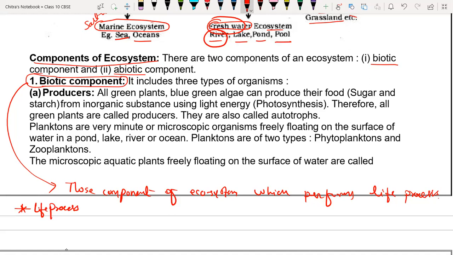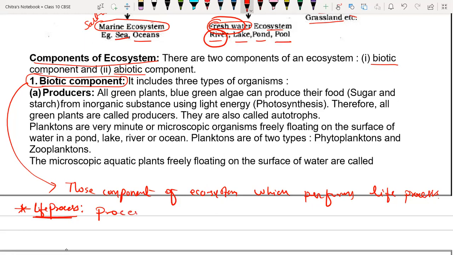So I'm asking you what life process means? Any idea, beta? No, sir. Okay. So processes which are performed by living organisms to sustain life are called life processes.